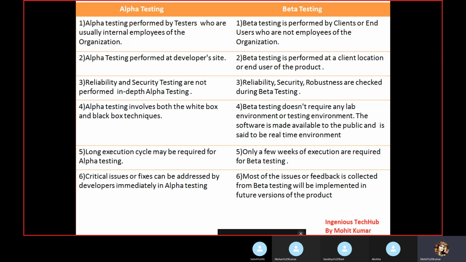So if you have any issue, they will definitely fix it as soon as possible. But in beta testing, most of the issues or feedback collected from beta testing will be implemented in a future version of the product.